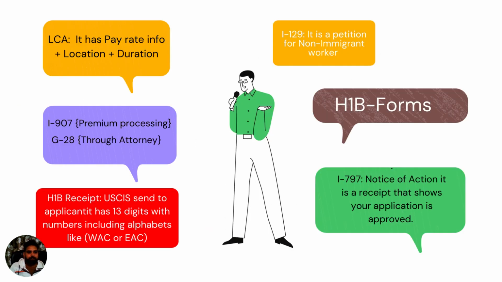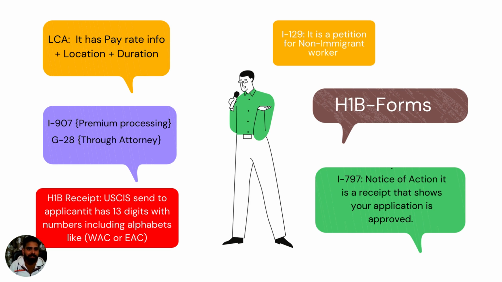Let's come to the next slide. Now LCA. LCA is the labor condition application. LCA has the pay rate information, location, duration, everything. I-129 is a petition that is filed by non-immigrant workers for the H1B visa. Just like I told you earlier, I-20 is the petition filed by students; in the same way, I-129 is the petition filed by H1B non-immigrant workers.